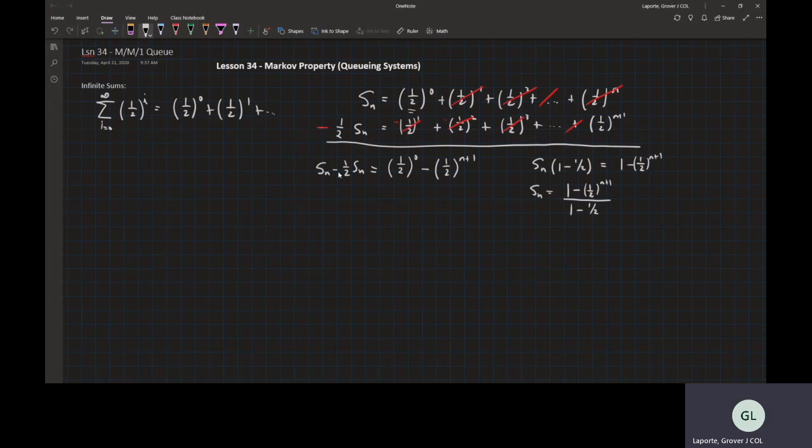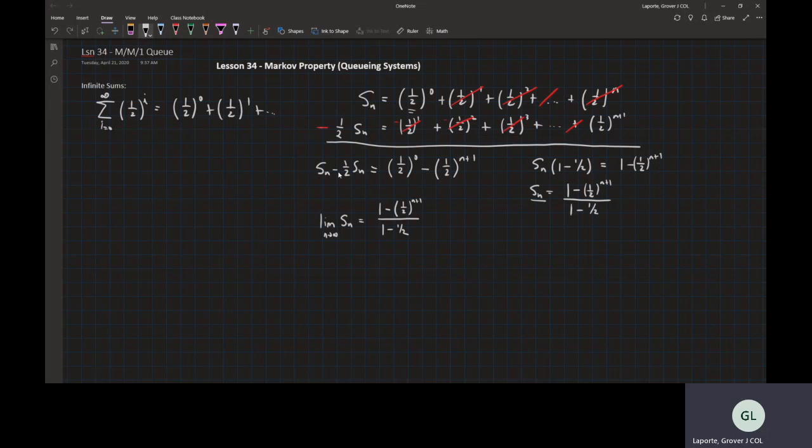We didn't ask for a partial sum, we asked for an infinite sum. So we now need to take this partial sum and turn it into an infinite sum by taking the limit as n goes all the way to infinity. The part going to infinity is 1 minus 1/2 to the n plus 1, and we still have 1 minus 1/2 here.